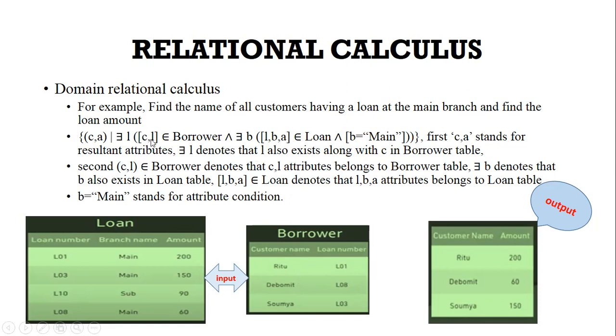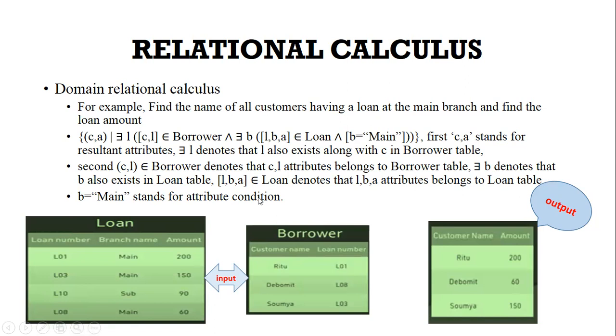The second, C comma L is an element of borrower, denotes that C comma L attributes belong to the borrower table. The extensional quantifier B denotes that B also exists in the loan table, where L comma B comma A is an element of loan, denotes that L comma B comma A attributes belong to the loan table. B equal to main stands for the attribute condition.